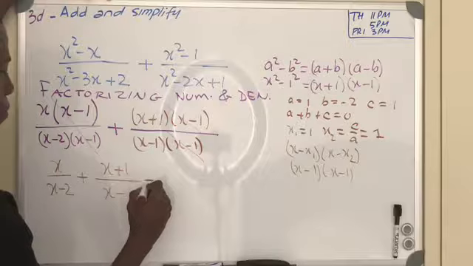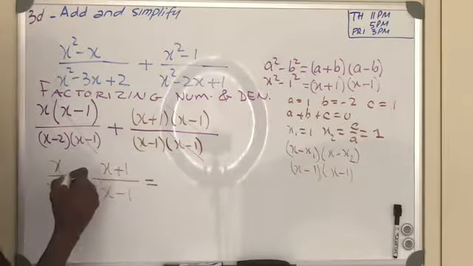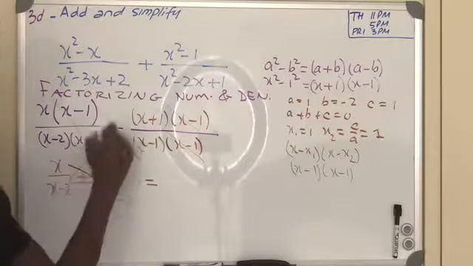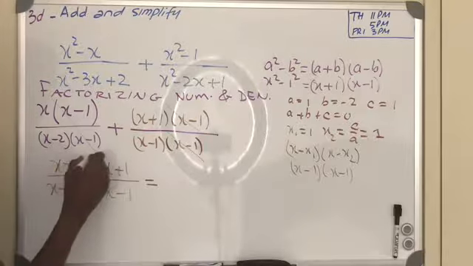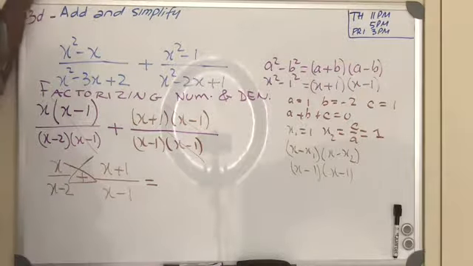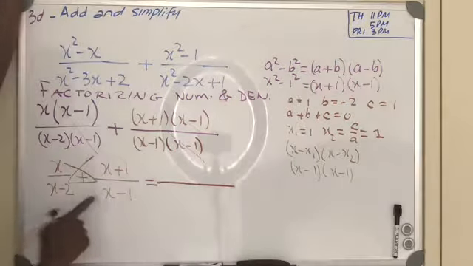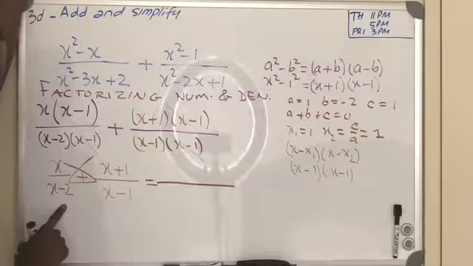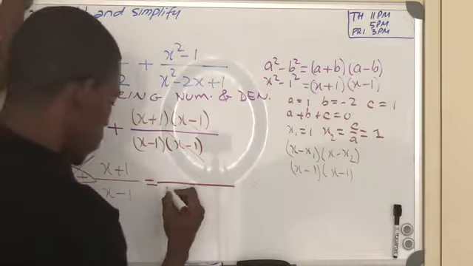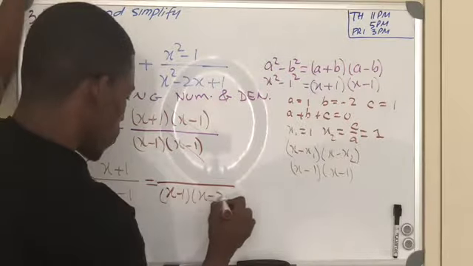Okay, now it's simpler. I'm going to proceed with the addition sign. Remember when you're adding two fractions, these two denominators are not common, so I just multiply them together. You see the sign? Multiply these two. I say x minus 1 times x minus 2.